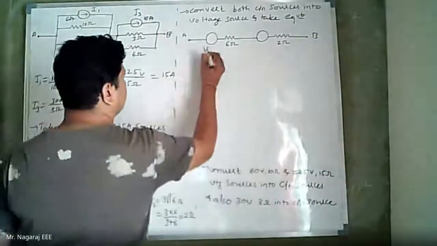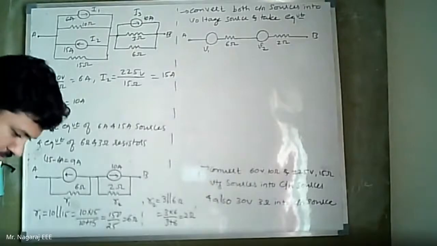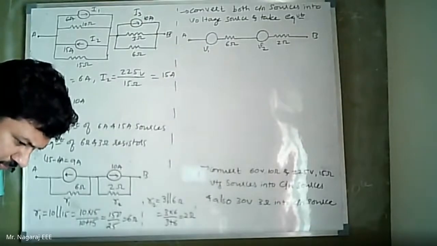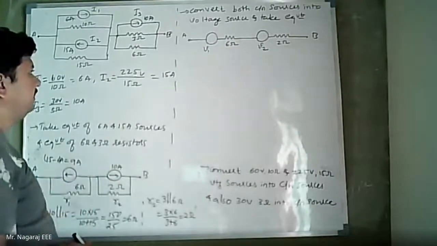Now direction of voltage source, let this be V1. Now let this be V2. Have we taken V1, V2 anywhere? No, I think. Then fine. So let this be V1, let this be V2.